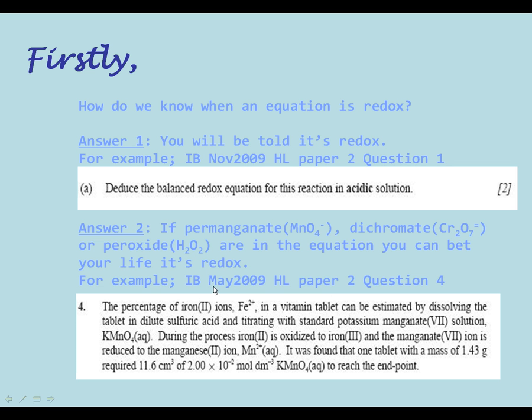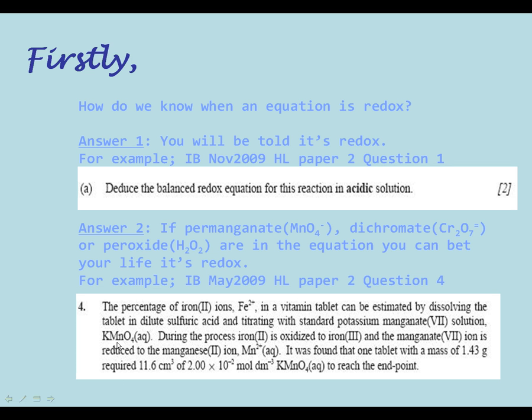Now here's another example. This is from the May 2009 IB paper, higher level paper 2, question 4. In this question you can see that the percentage of iron 2 ions in a vitamin tablet can be estimated by dissolving the tablet in dilute sulfuric acid and titrating with standard potassium manganate 7 solution, KMnO4.